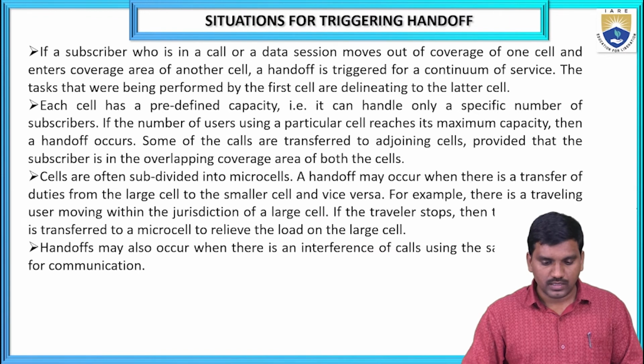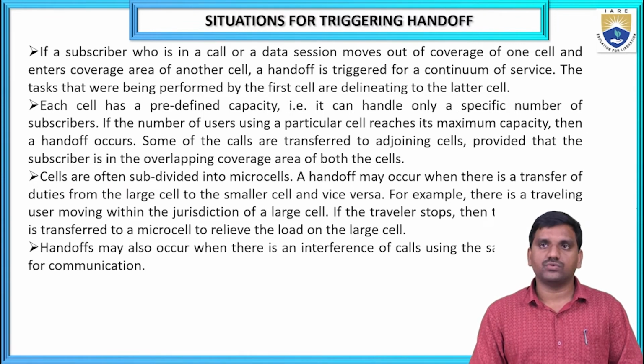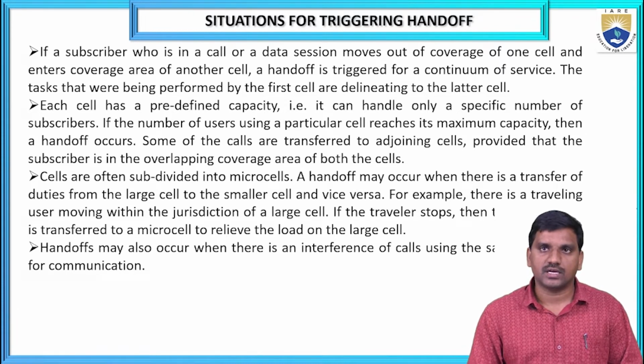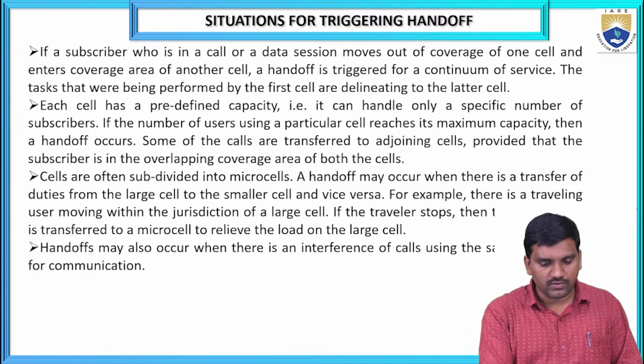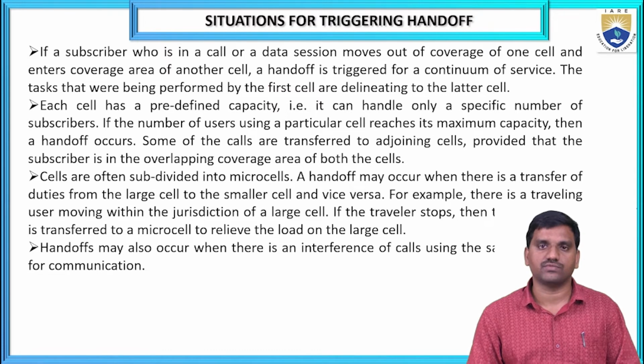Next, some situations for triggering handoff. If a subscriber who is in a call or a data session moves out of coverage of one cell and enters the coverage area of another cell, a handoff is triggered for continuity of service.